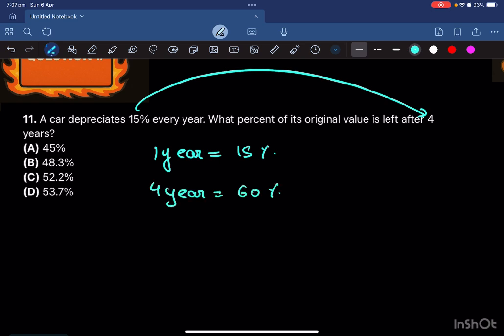But here 60 is not given. So we can use the closest similar option, which is option D.